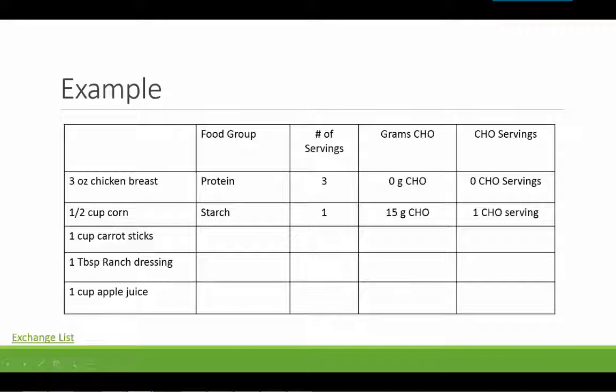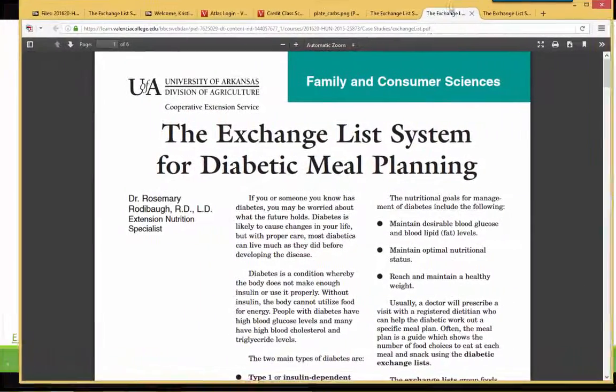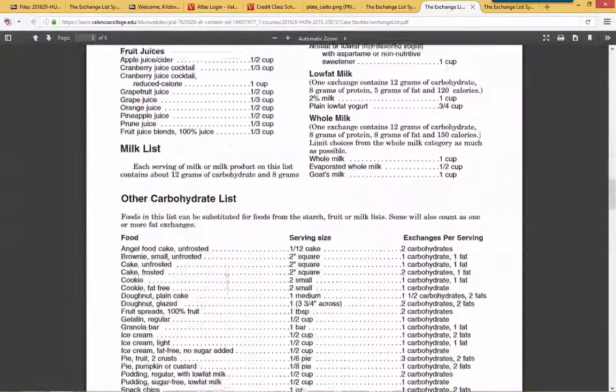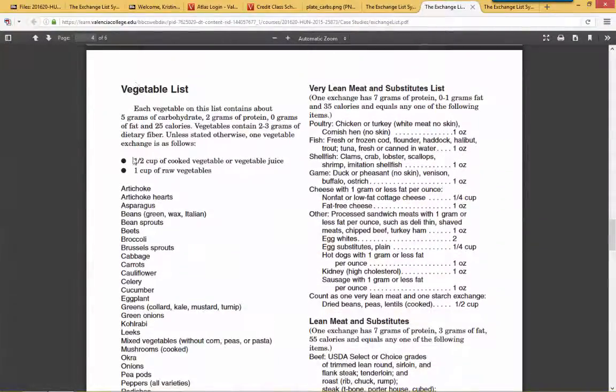Now we go to the carrot sticks. First things first, we identify the food group, which is vegetable. We go to the exchange list. We scroll down to the vegetables. Here's our vegetable list.